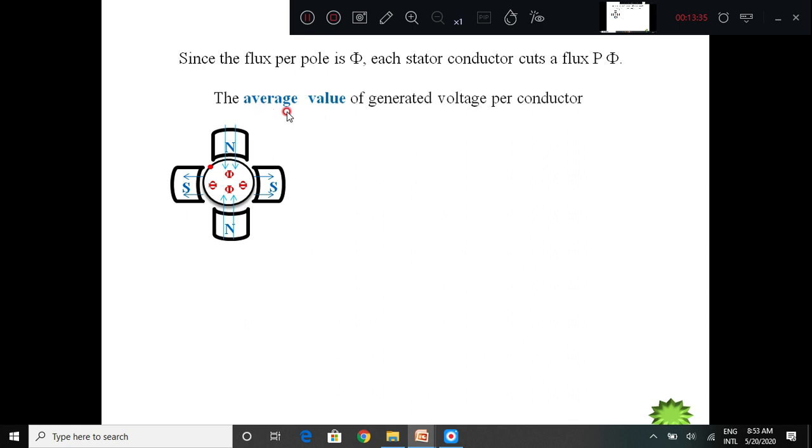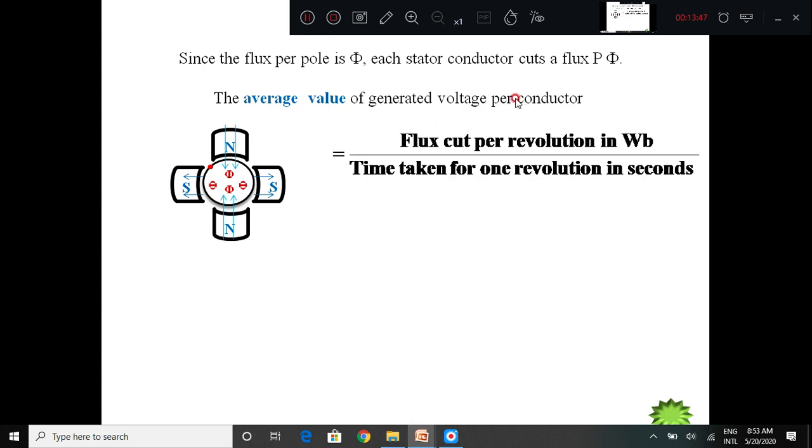Then the average value of generated voltage per phase that we are considering here is the average induced voltage. Then we are converting that into RMS value. We are deriving the generated voltage per conductor here. We know Faraday's law: flux cut per revolution in Weber divided by time taken for one revolution in seconds.